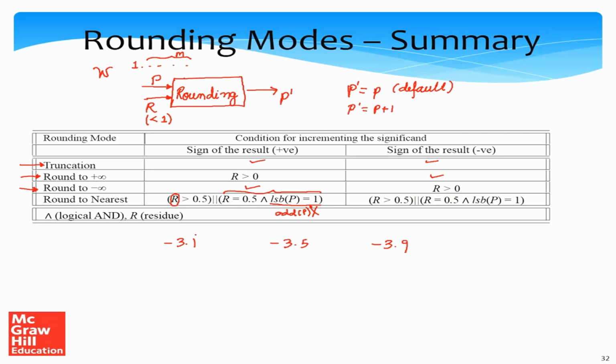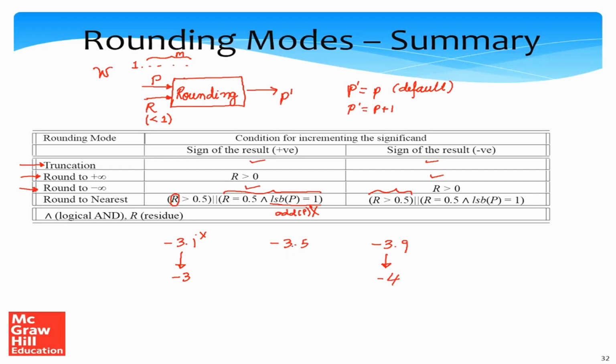But both the conditions for minus 3.1 are false. That's the reason I'll truncate. So minus 3.1 will become minus 3. Now if I take a look at minus 3.9, the first condition is true. The residue 0.9 is greater than 0.5. That's the reason we'll increment the significand, and this will get rounded to minus 4.